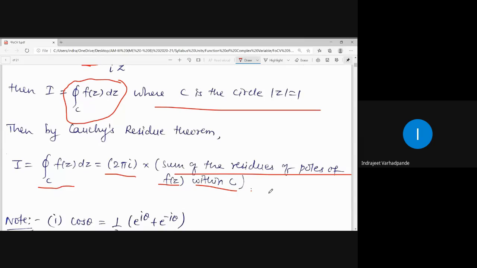So that is what the result will be or the solution will be for the given question of contour integration around unit circle.